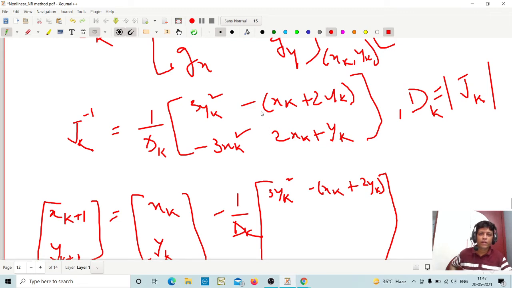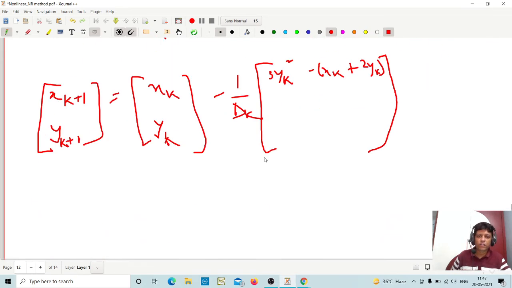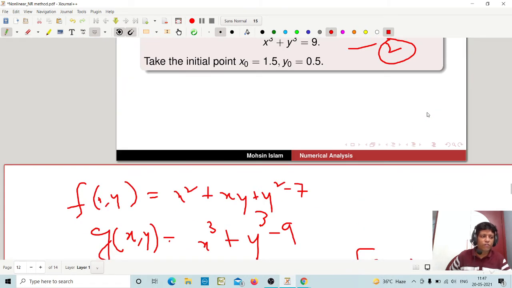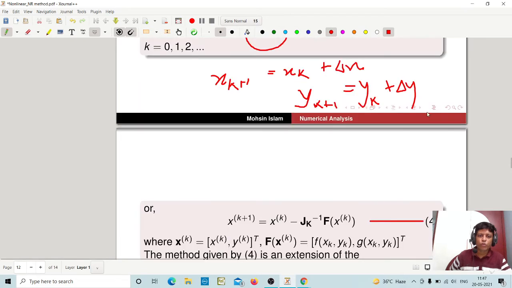Okay, you look at that, this one, and this is your minus 3xk squared, 2xk plus yk. Okay, times the multiplication. You look at the Jk inverse into Fk.